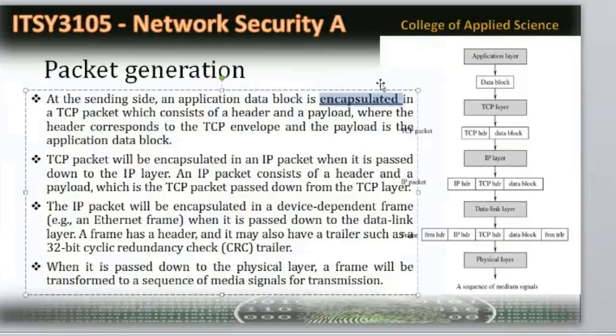Every header has many fields. The TCP header has many fields, the IP header has a lot of fields, and the frame header, that means the Ethernet header, also has many fields. We are not studying those, but we need to understand the process of encapsulation.